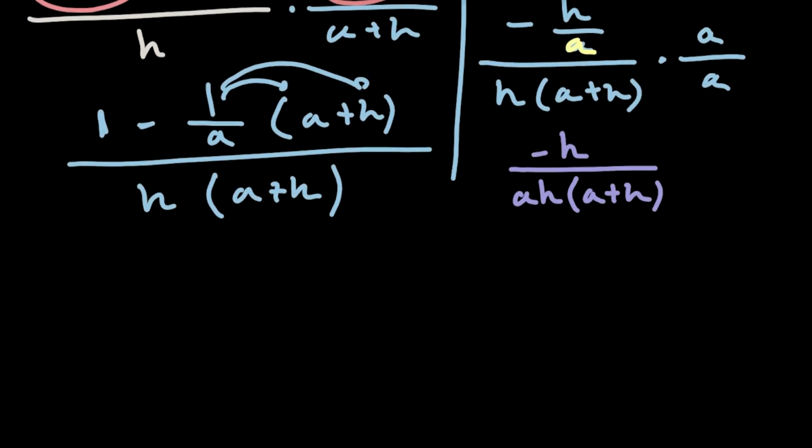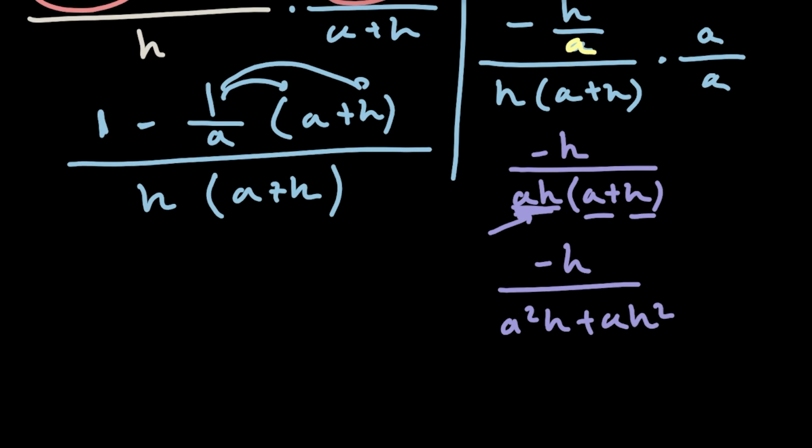As you can notice, we can simplify this denominator. So we'll have minus h over a multiplied by a, which is a to the power 2, plus ah multiplied by h, which is plus a h to the power 2.